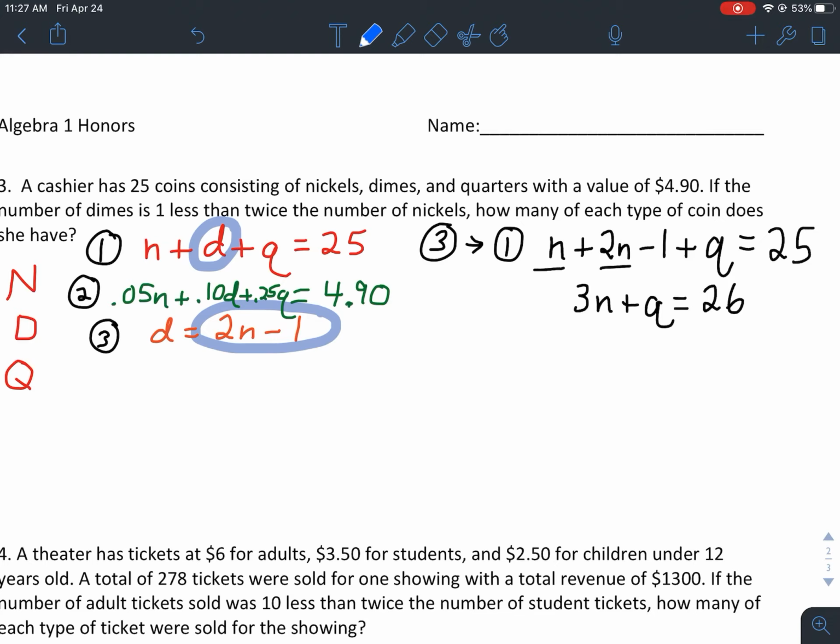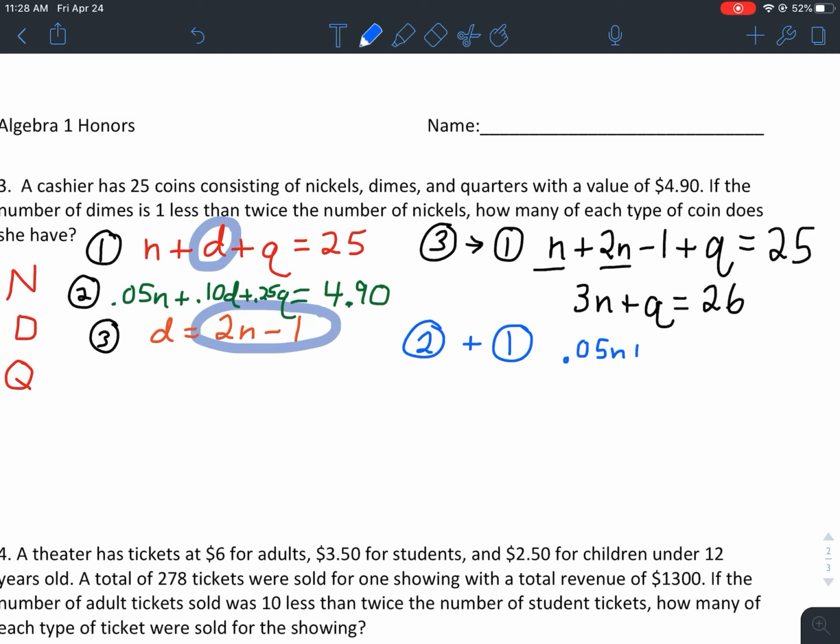So now the next thing I'm going to look at is my equations. I know I have to use equation 2 somehow, because I haven't used that one yet. So I'm going to use equation 2 and equation 1, and I'm going to try to get it in terms of n and q, or I'm going to try to eliminate d. So I'm going to use 2 plus 1.